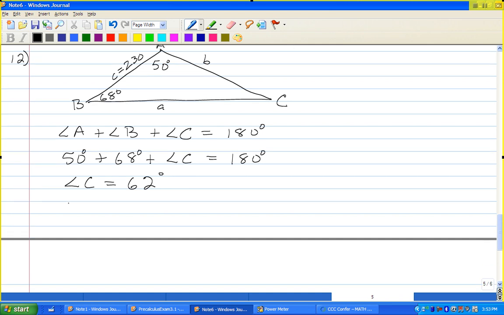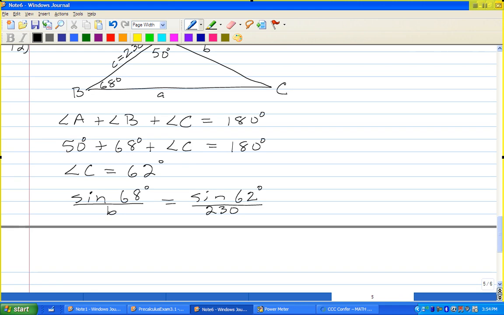Might as well. And so I have that the sine of B over the length of b is equal to the sine of C, which is 62 degrees, over 230, the length of c.